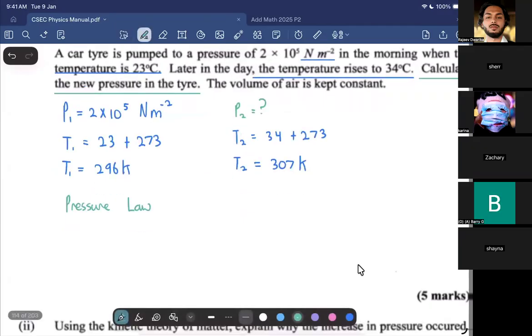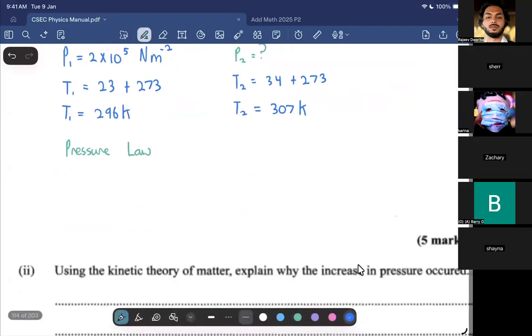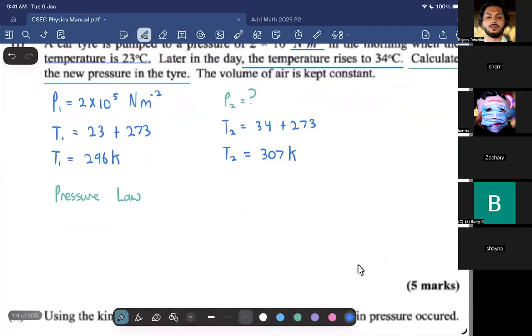So what is the law? What does it look like? Talk to me, Zachary. What is the pressure law? For a gas at a constant volume, the pressure is directly proportional to the temperature.